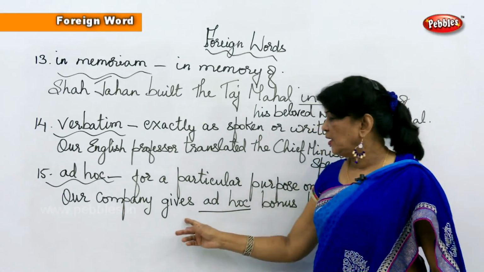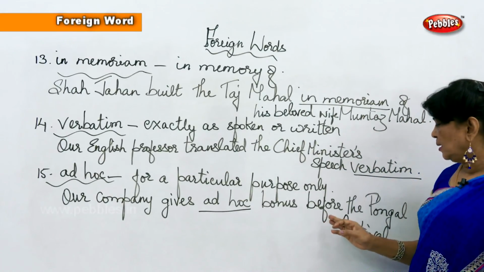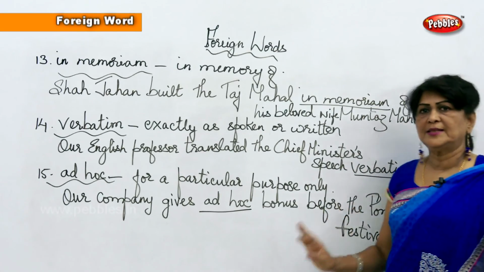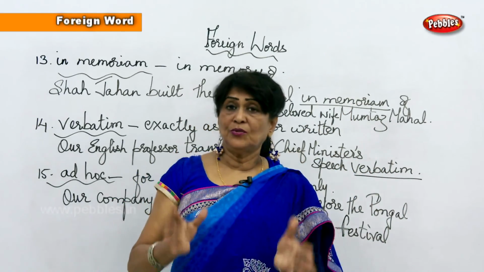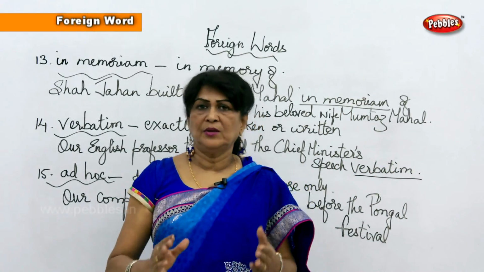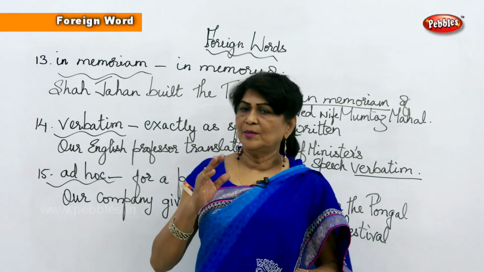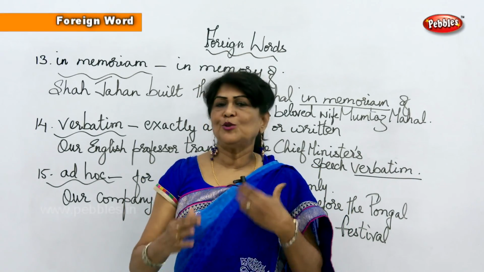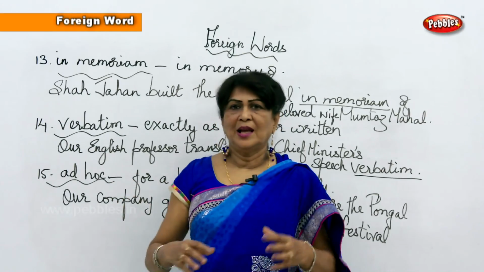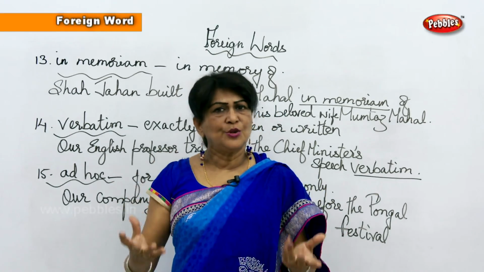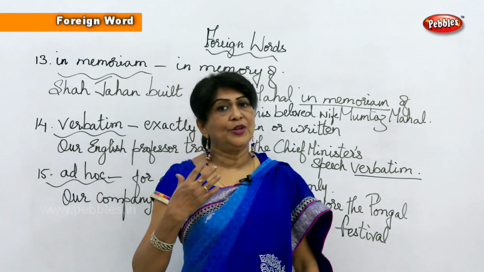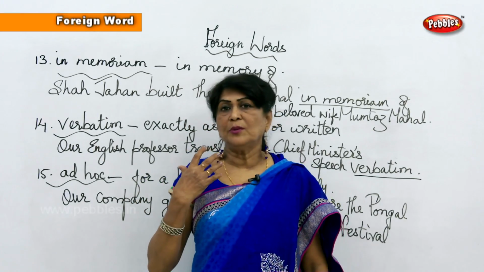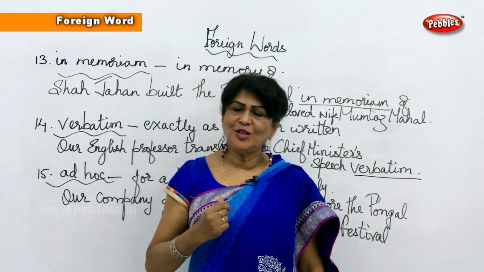Our company gives ad hoc bonus before the Pongal festival. Okay. Have you understood now? So far I have given you 15 foreign words, and I am sure you are going to make use of all these words and make your English so flowery and so very beautiful that you are going to make people feel so amazed at your knowledge of English.